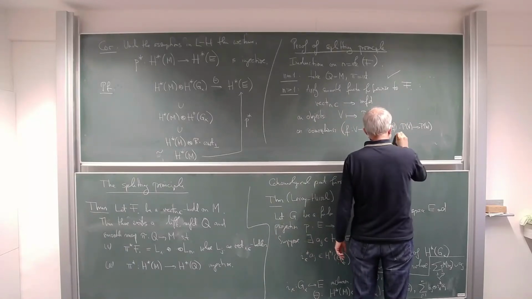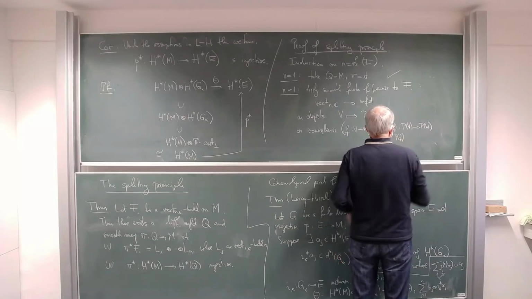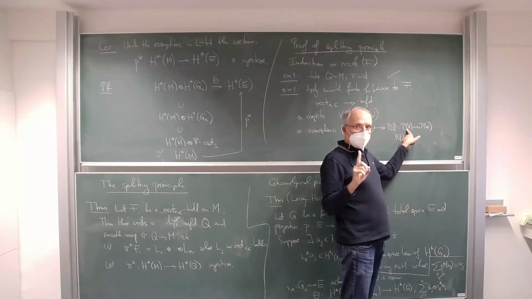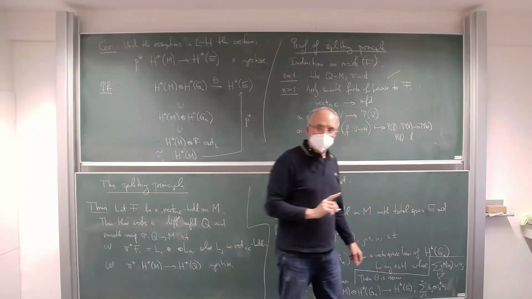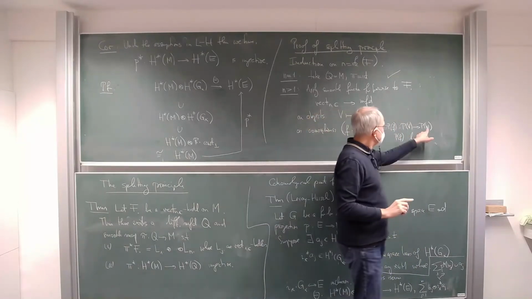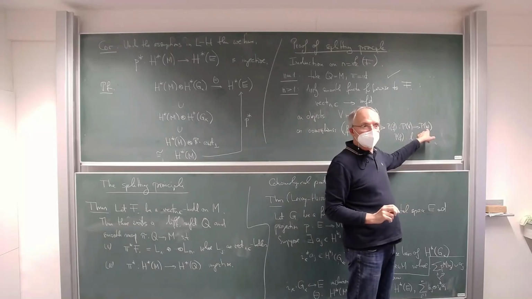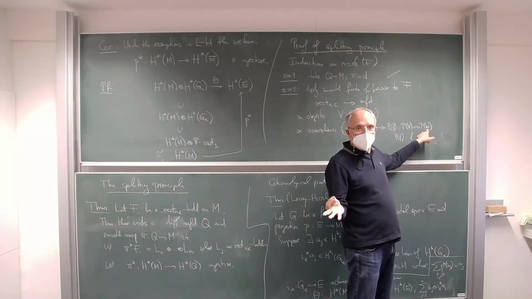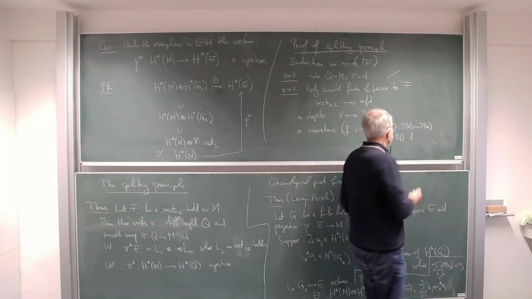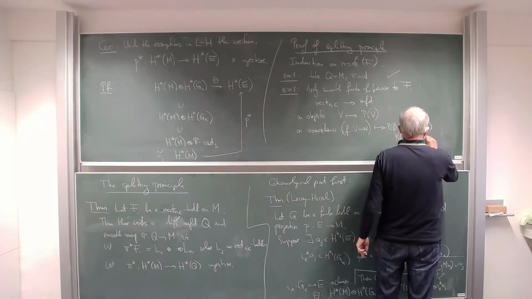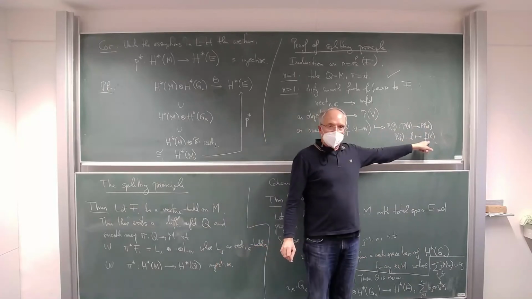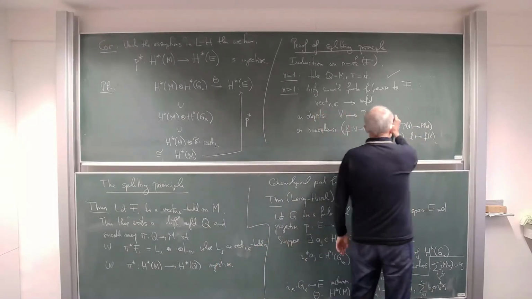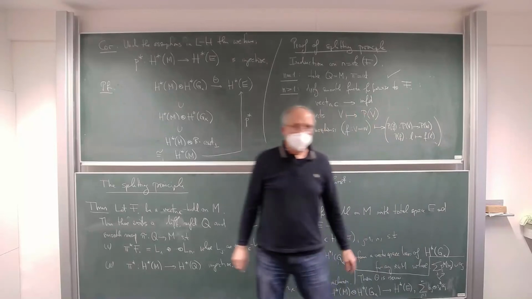The P of F sends a point in here, which is a line in V, a one-dimensional subspace of V, to a one-dimensional subspace of W. And what can we do? There's only one thing we can do. We map this to F of the line. Since this is an isomorphism, this will also be a line. That's what the functor does.